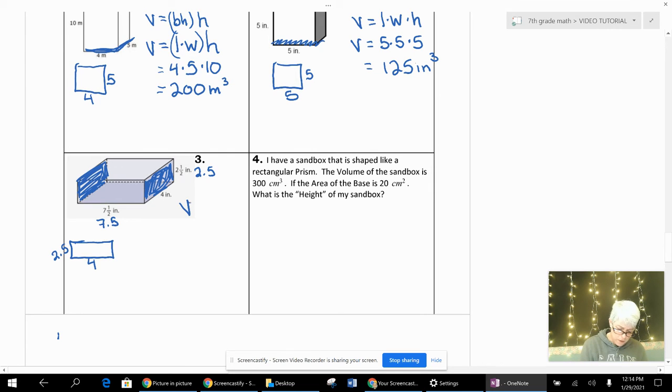So again, I'm going to go ahead and put the formula down. And the new formula, which again is just length times width times height. So let's find the area of the base. It is 2.5 times 4, which ends up being 10. So big B is 10.